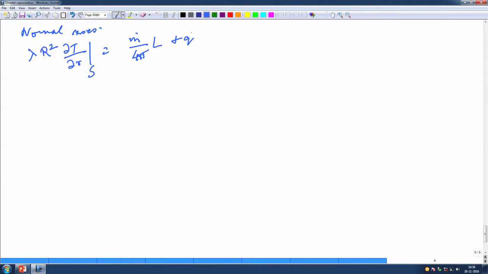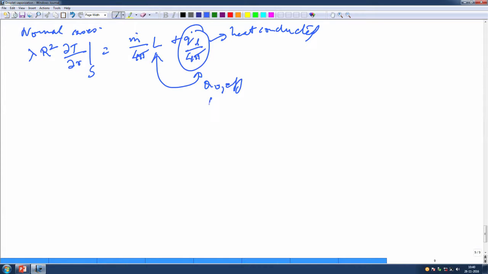We have already seen that QL by 4 pi is basically the heat conducted, which in Matalon's notation we combine and say that this is QV effective; Shiriniano writes it as L effective, essentially the same thing. These two are basically the same. So, you really do not need to bother about the notations, but whatever notation you use, use it consistently.